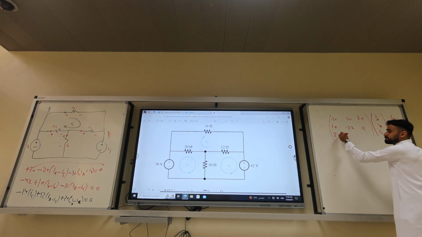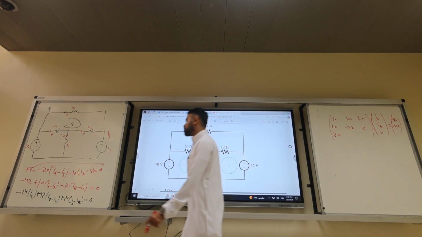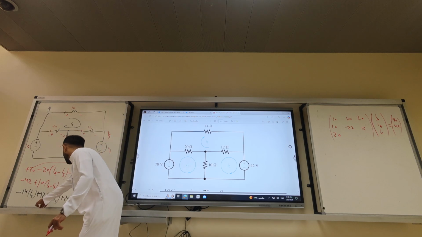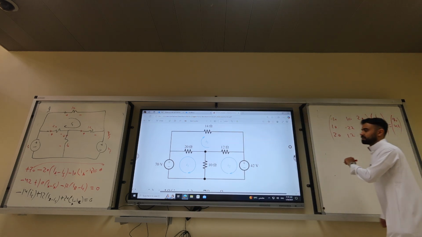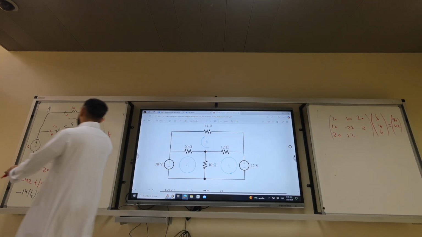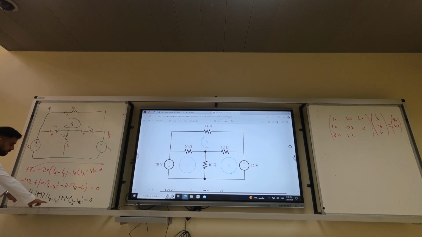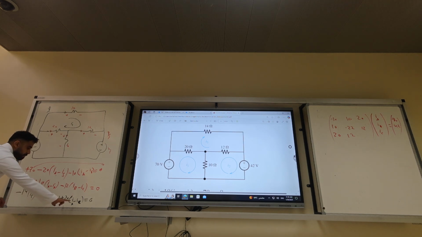What is IB? 12. How did you know it's 12? Okay, 12. How about IC? IC is a bit tricky. Minus 14, minus 12 is minus 26. Minus 26 minus 20, minus 46.